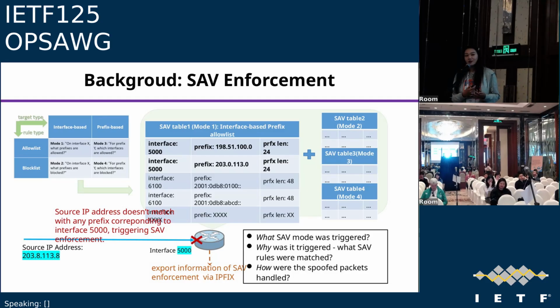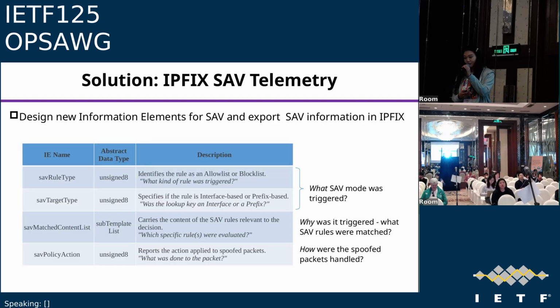This is when the operators want to get informed what happened in the data plane, like what sub-mode was triggered, why it was triggered, and how the packets were handled by the routers. Now the problem becomes how we can use IPFIX, this standard telemetry protocol, to represent SAV events.